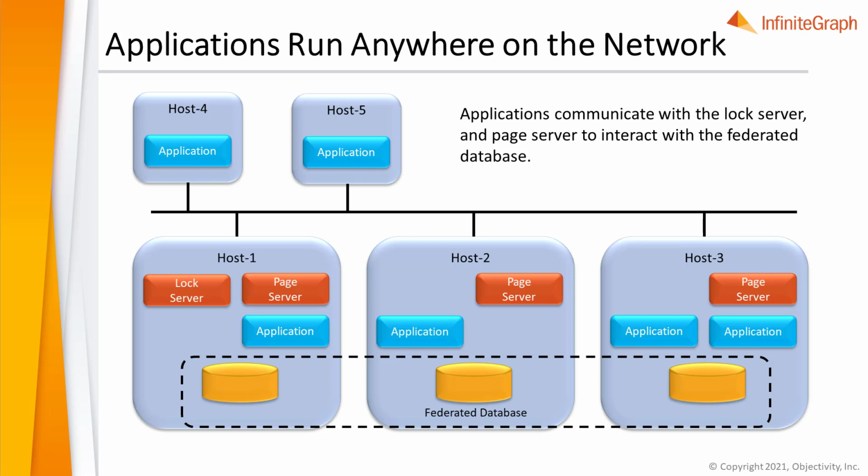They are each running a page server. The lock server is running on host 1. Then we have applications running on hosts 1, 2, and 3, as well as hosts 4 and 5. InfiniteGraph provides what is called a single logical view to all applications that allows each application to see all of the data in the federation regardless of which host it's on.